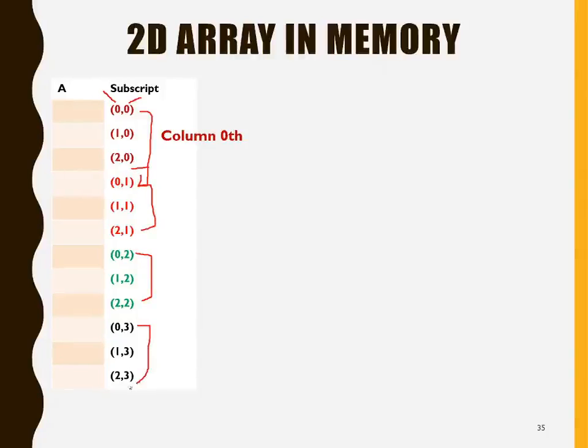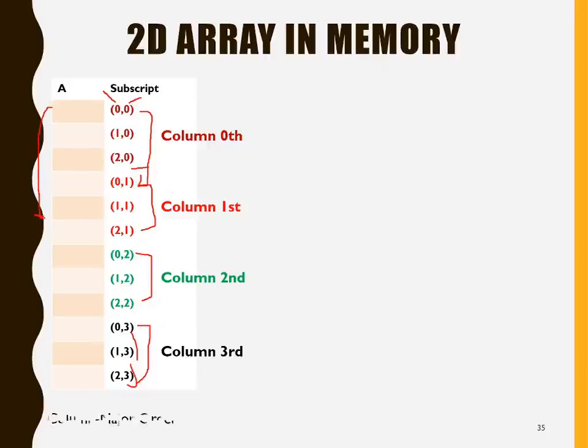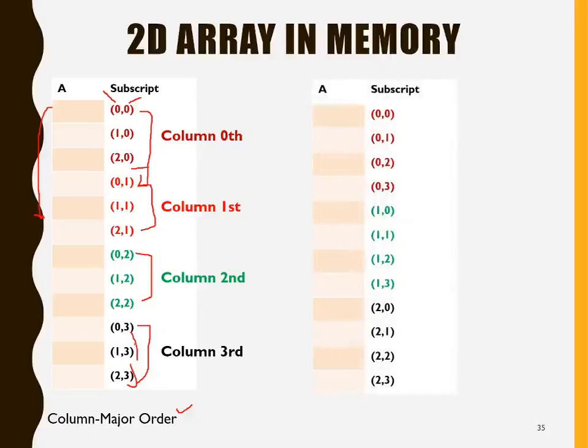We can say this is the third column because this 3 is fixed, the second subscript is fixed, it is representing the column position. If we talk about this kind of storage inside the memory as contiguous memory locations, it is represented as the column major order. So in case of column major order, we have elements stored column by column inside the memory as contiguous memory blocks.